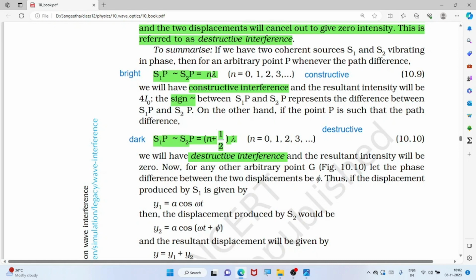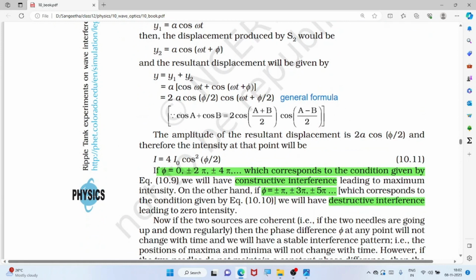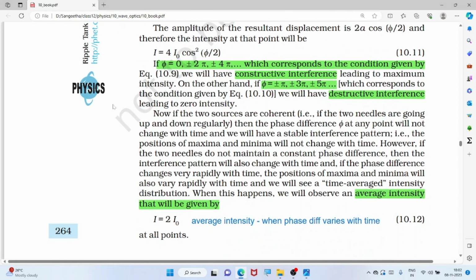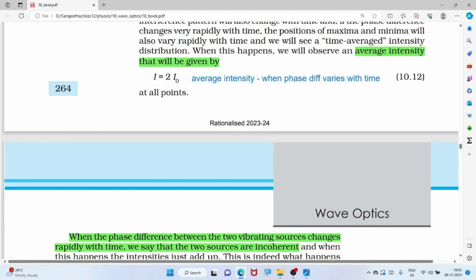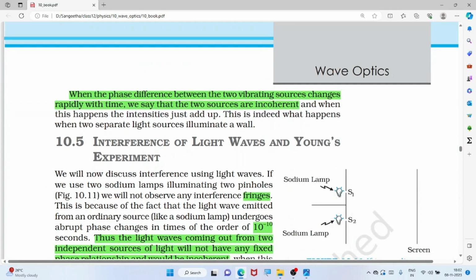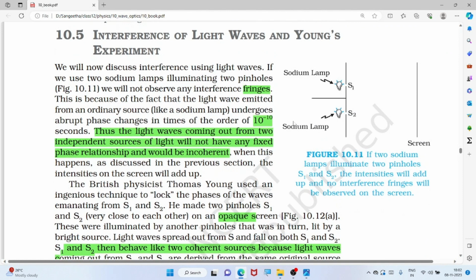This is a bright spot, bright fringes, and this is dark fringes. This is the general formula. Destructive interference, constructive interference. This is for the incoherent waves. For the incoherent waves, the phase rapidly changes with time. That is incoherent. This is Young's experiment, the double slit experiment.